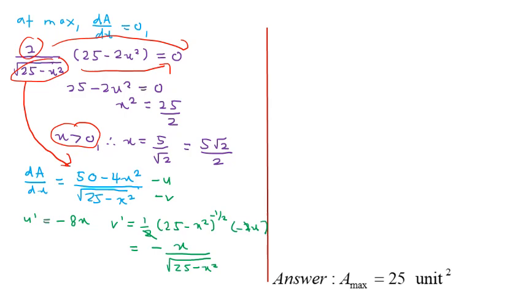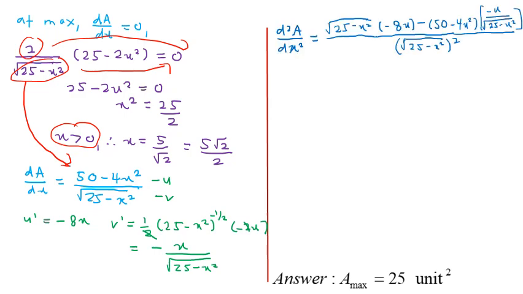So as you can see below there, I already found u prime, that is negative 8x, and then v prime, after we differentiate everything, we get negative x over 25 minus x squared. So we apply the quotient rule to get the second derivative. So remember the quotient rule, v u prime minus u v prime over v squared below here.